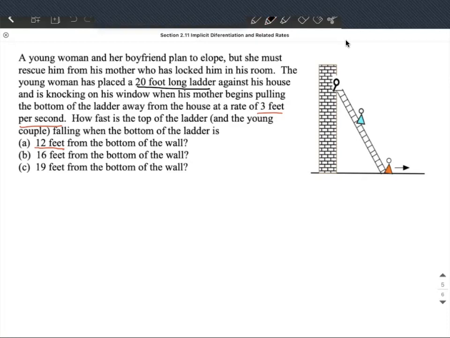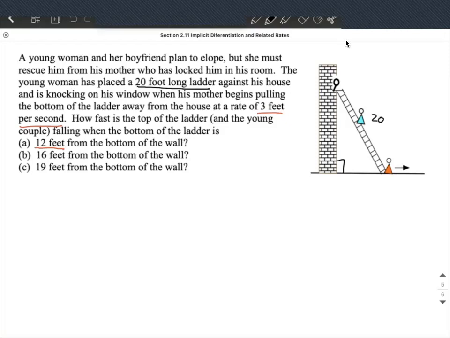So the first thing is draw yourself a picture if that helps out. We have one over on the right-hand side. It's a 20-foot long ladder, so that's going to be 20 on that side, the hypotenuse of the triangle. We're going to treat this as a right triangle: an upright building, flat land.